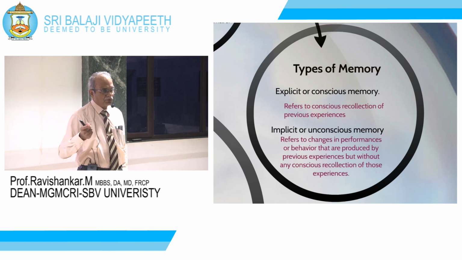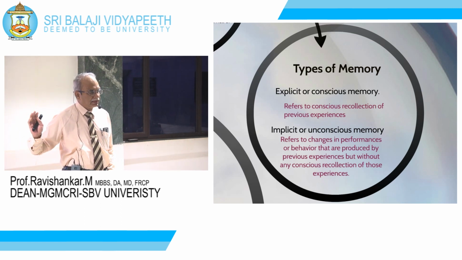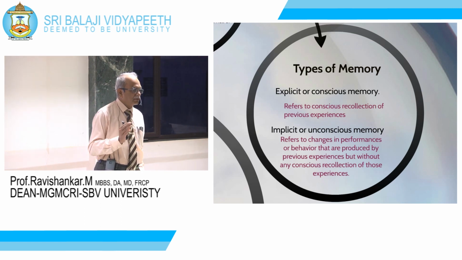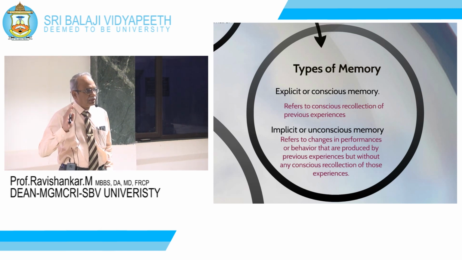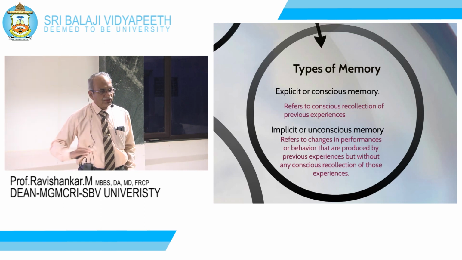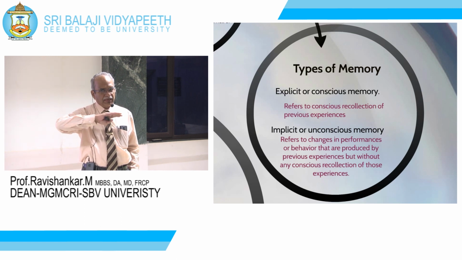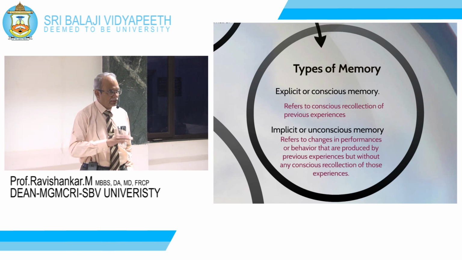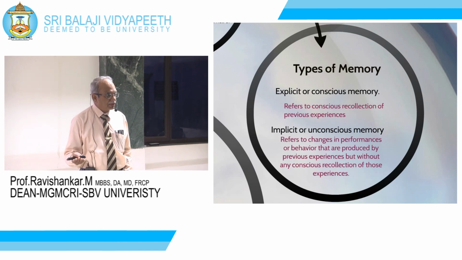So whatever we are saying about unconsciousness under anesthesia, it's not that there is no impression on the mind. There is always an impression in the brain, and that's called implicit memory. When they took them back with hypnotism to that particular state of anesthesia, they were able to recollect the entire conversation that was going on in the theater during that time, though there is no conscious recall of it.